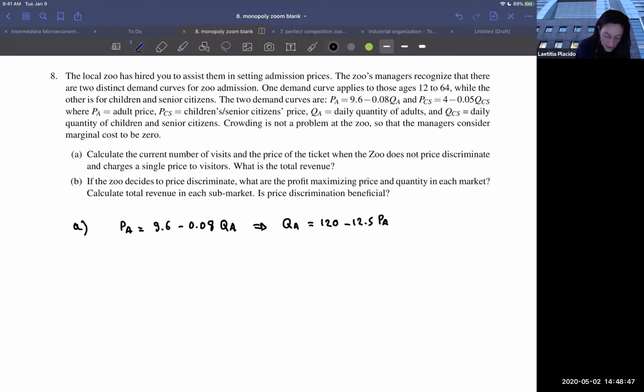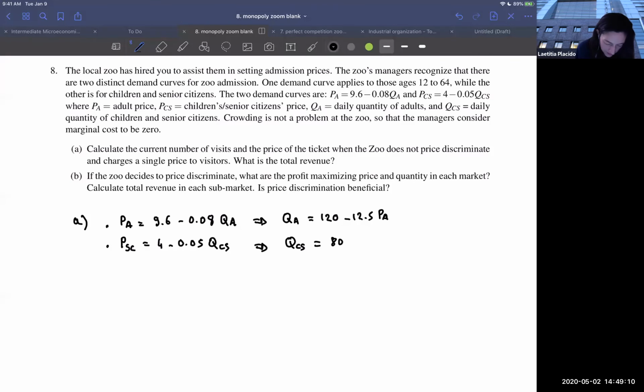Now I do the same for the children and seniors. So PSC is 4 minus 0.05 QSC, and it gives me the quantity demanded is 80 minus 20 P. I want to get the total quantity faced by the monopolist, so let's call it QT.